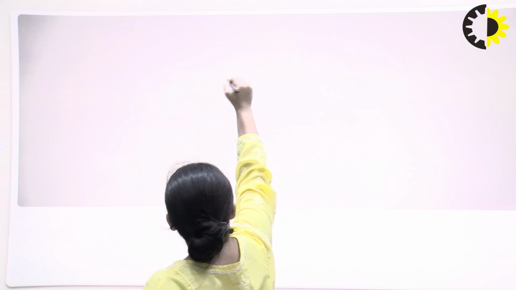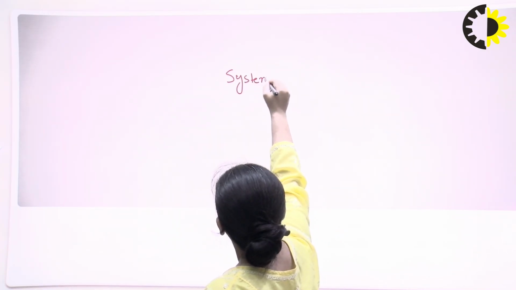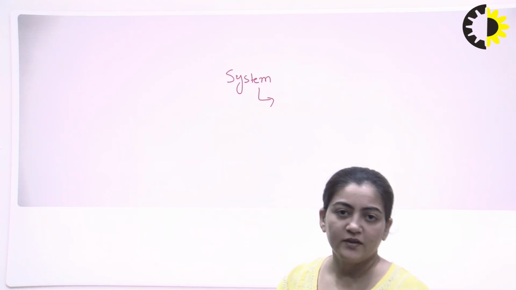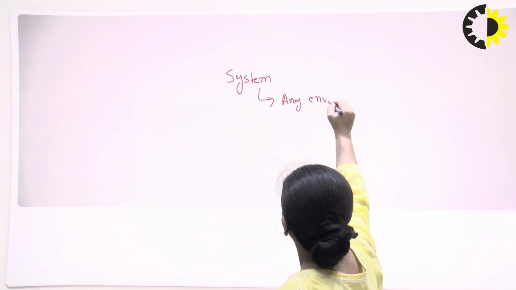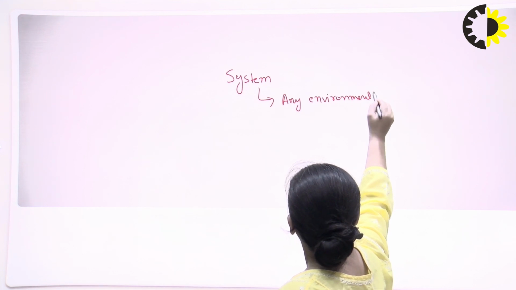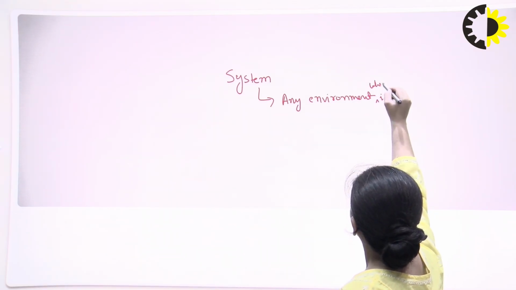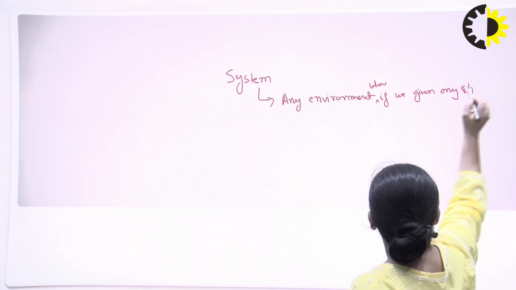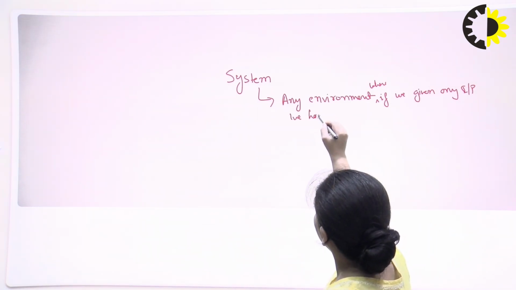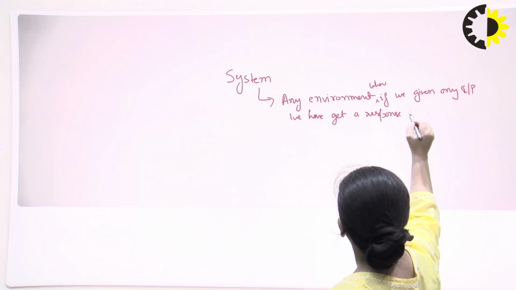What are systems? A system is any physical, chemical, or environmental component where, if we give any input, we get a response or output.